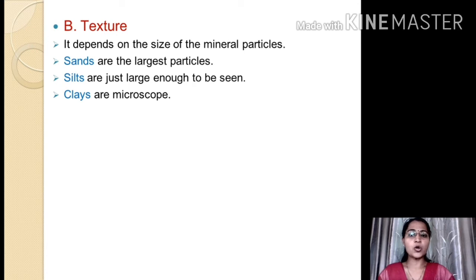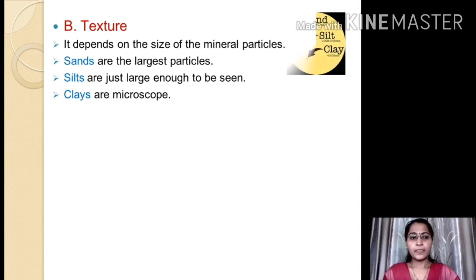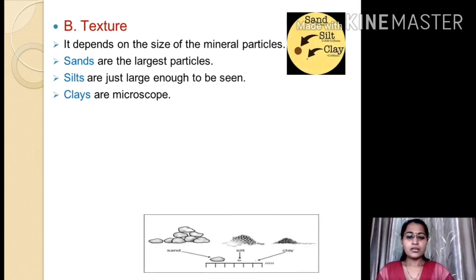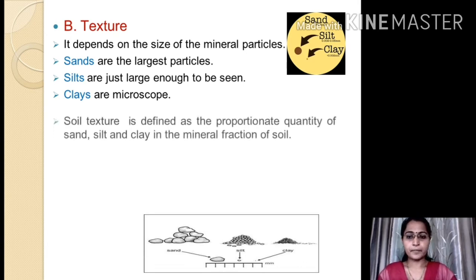Depending on these mineral particles, pedologists can determine the texture of soil. Now see sands. See the picture where sand indicates the largest particles. Silt particles are smaller than sand but larger than clay, while clay is microscopic.